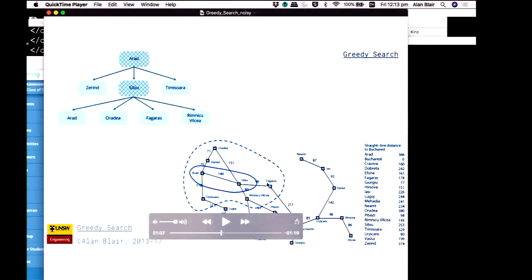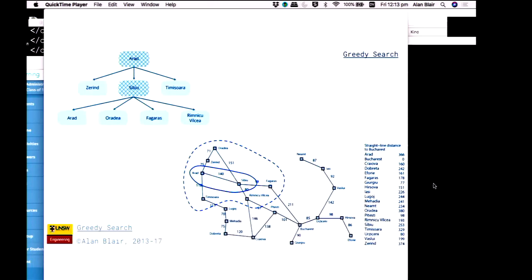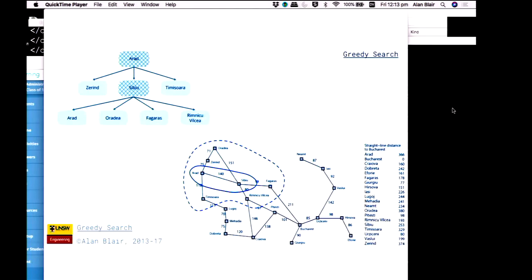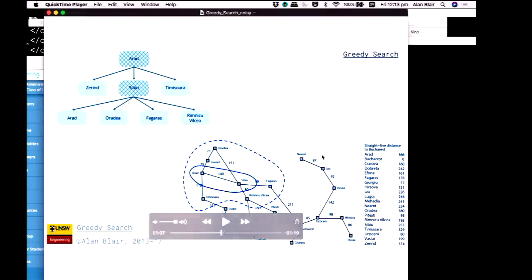But in doing so, it ends up finding a suboptimal path because, yes, Fagaras is closer. This part of the path from Fagaras to Bucharest is shorter than for Rimnicu Vilcea, but what we're trying to minimize is the entire path from the beginning to the goal. So the path consists of two parts. There's the part we've expanded already to get to this node, and then there's the rest of the path from that node to Bucharest.